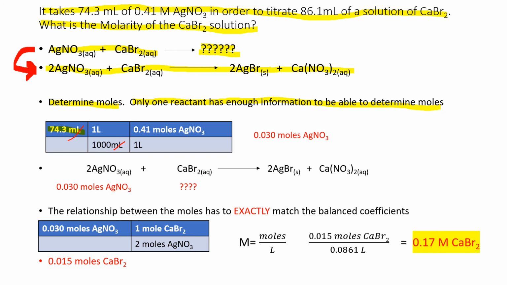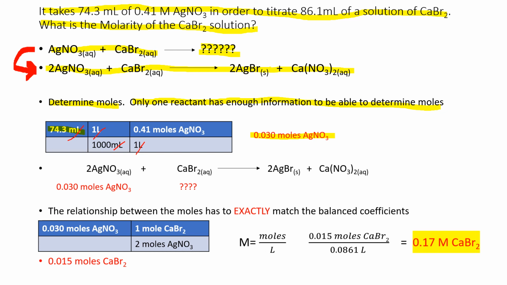Now to go from liters to the moles, I need to use that molarity. 0.41 moles of silver nitrate per liter. The liter would cancel. The unit you're left with is the unit you want, moles of the silver nitrate. And you end up with 0.03 moles of that silver nitrate.